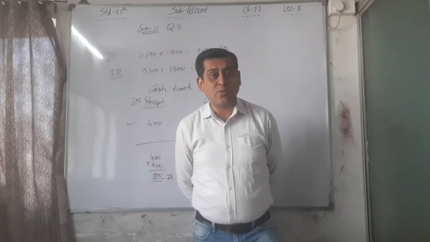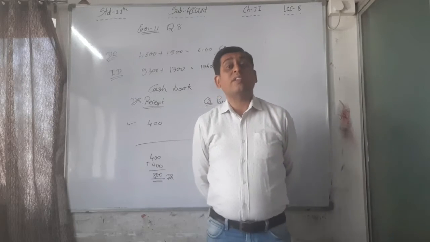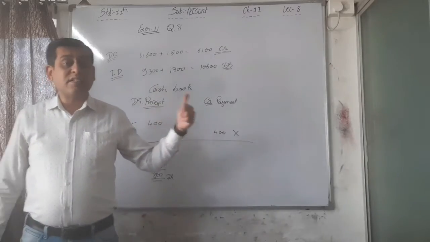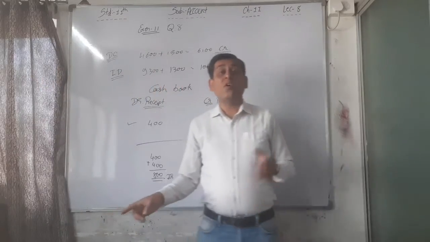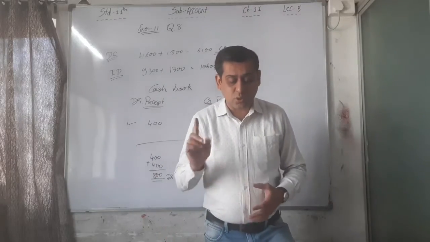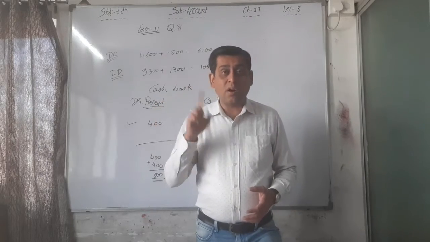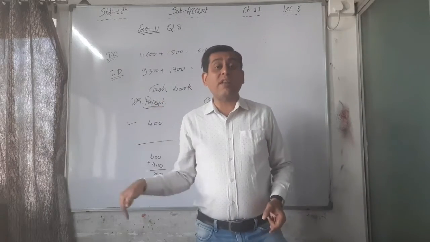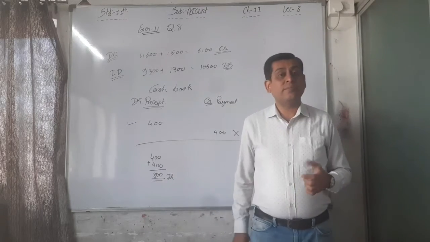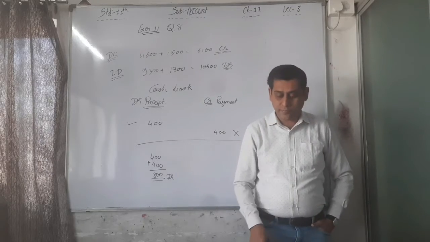You can say 3000 minus 100, 2900, recorded directly, or you can do two entries. 3000 is credited by the bank, so we have to debit it. 100 charges is debited by the bank, so we have to credit it. So 3000 bank credited, that's why debit in BRS. 100 bank debited, that's why credit in BRS.